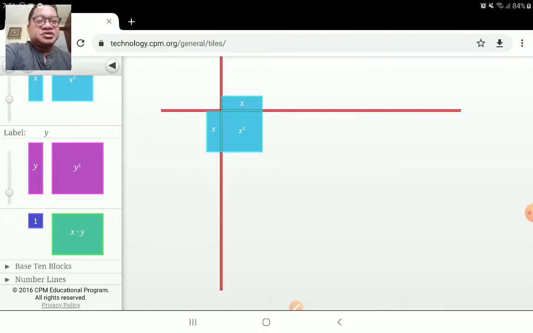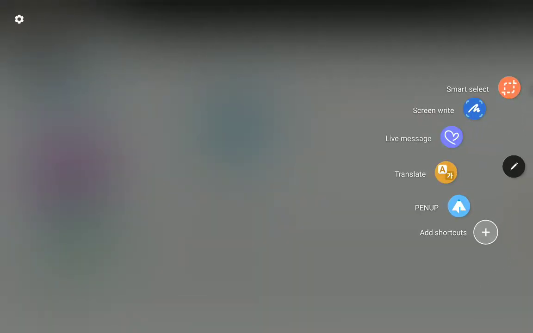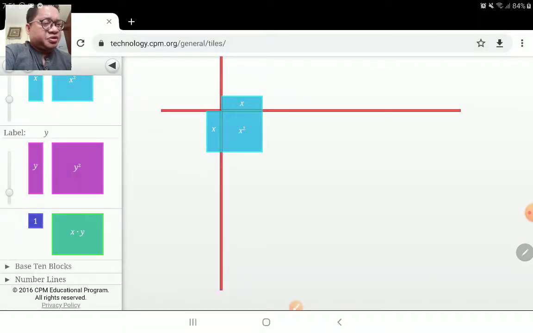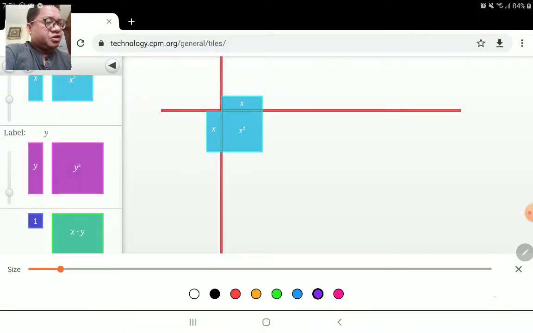Now, let's say that you have a monomial times a binomial. So for example, x times x plus 1.